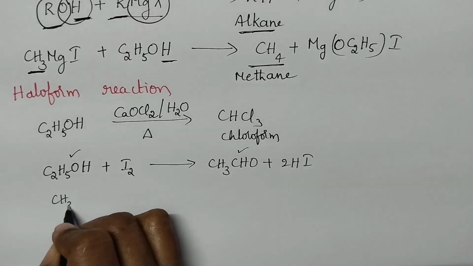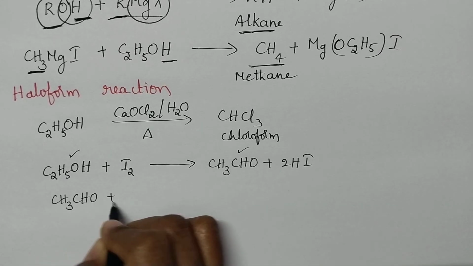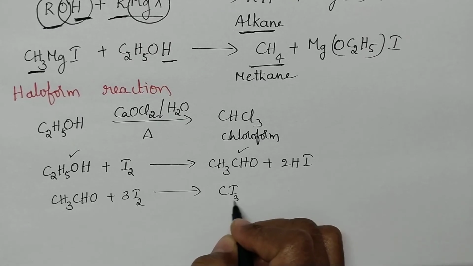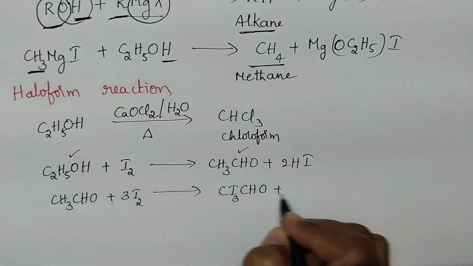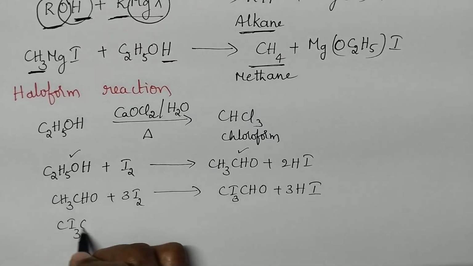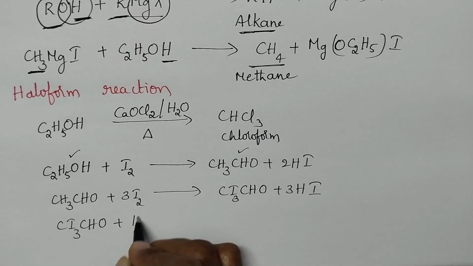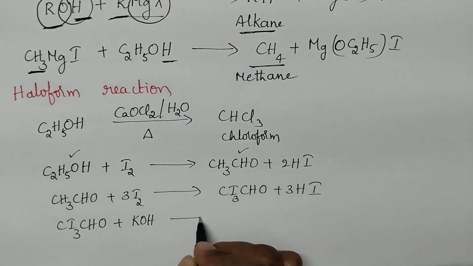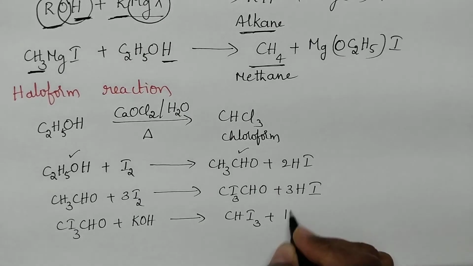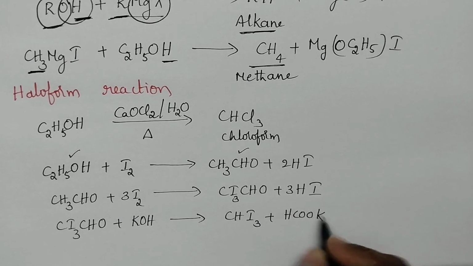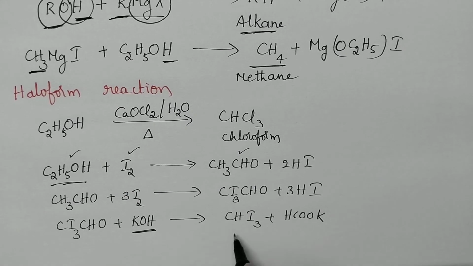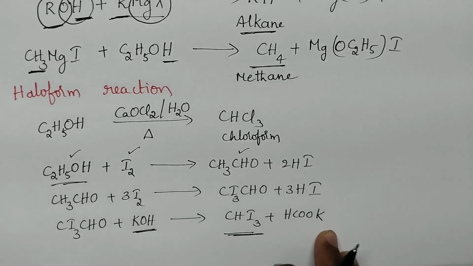In the second step, acetaldehyde again reacts with iodine and results in the formation of an intermediate product. And finally, in the third step, this intermediate product reacts with potash and thus results in the formation of iodoform. Is it clear, students? So whenever ethyl alcohol is treated with iodine in the presence of potash, it results in the formation of iodoform.